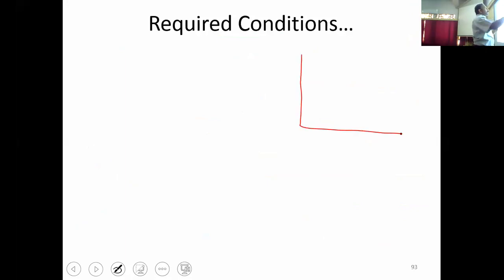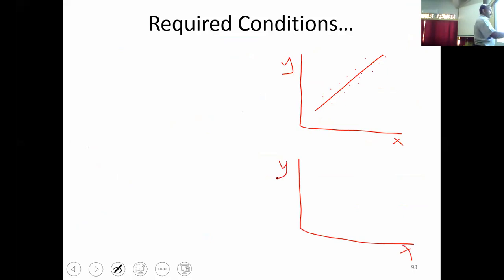Look here. This is one model, one set of data where I have fitted the regression line. This is another set of data. So this is the first example, this is the second example.